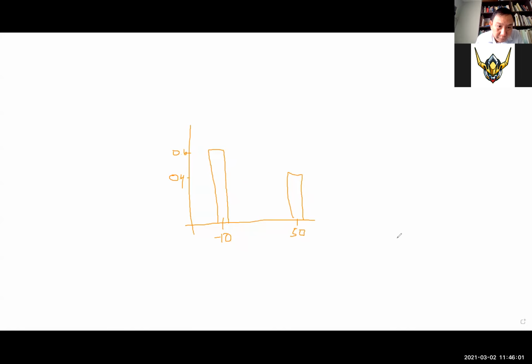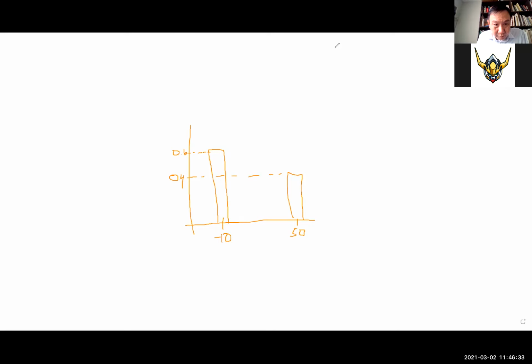Okay, good. 0.4, right? 50. Yes. Very good. So that is your risk profile for small order, right? Yes. Okay. Very good.